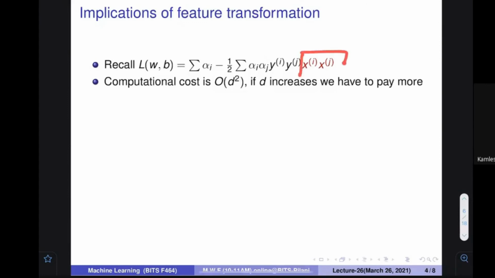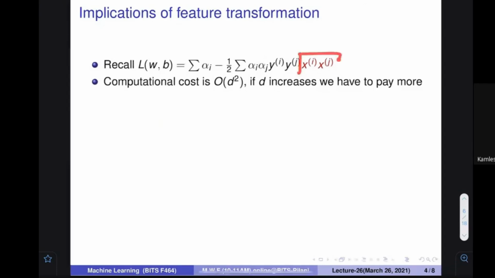This is an interesting quantity. In the last class we have seen this equation. What is this quantity? For i and j, two data items, for all the data items we have to find this multiplication. So what is this multiplication?